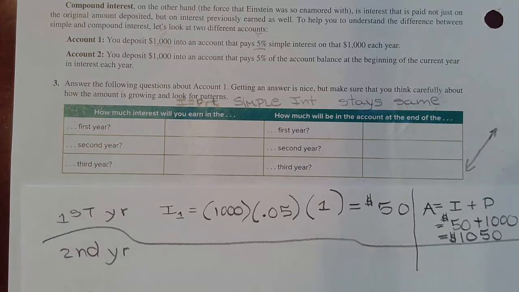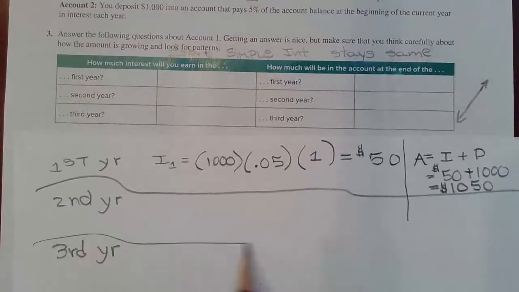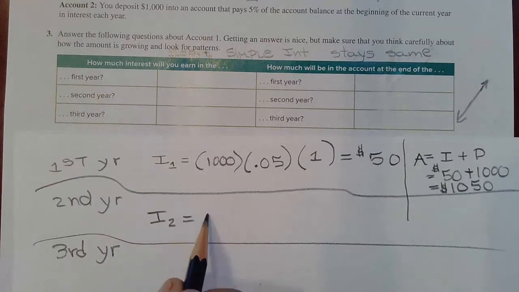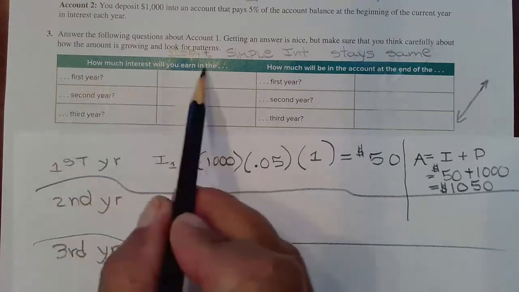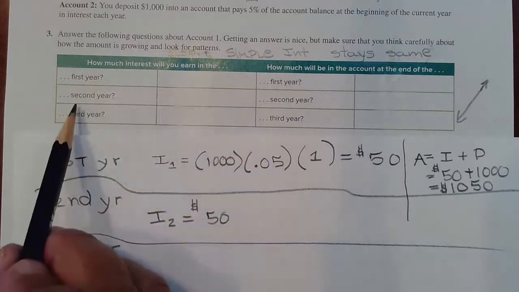Okay, then, as I said, you're getting the same amount every year. That can kind of cut down your work. So, interest for the second year, without you even calculating it, is going to be $50. It doesn't say how much total interest, it says how much interest will you earn in the second year.